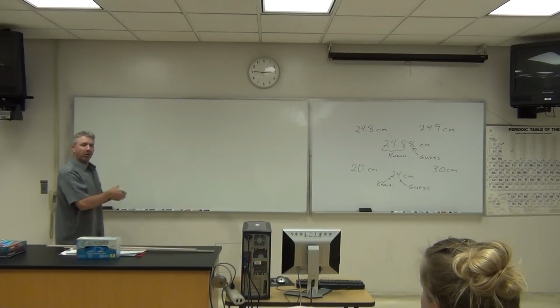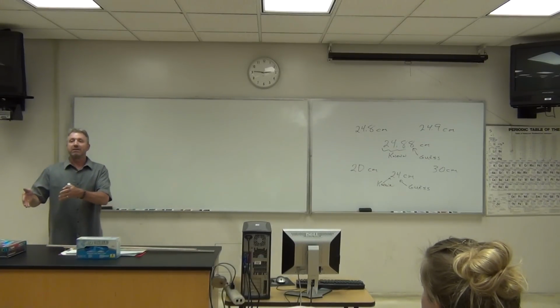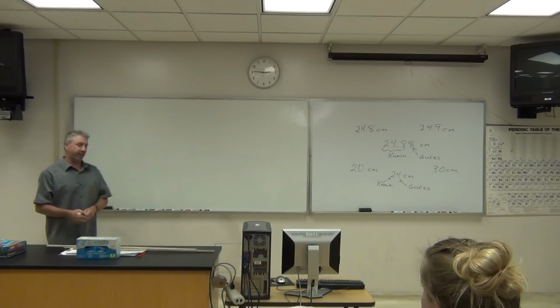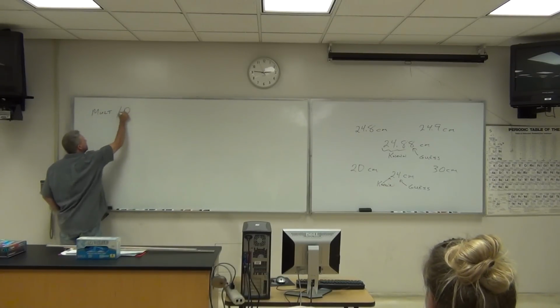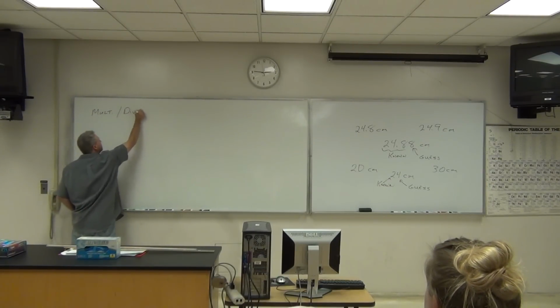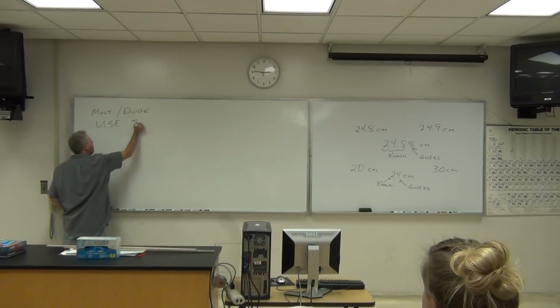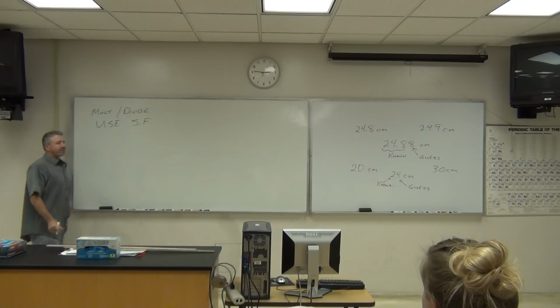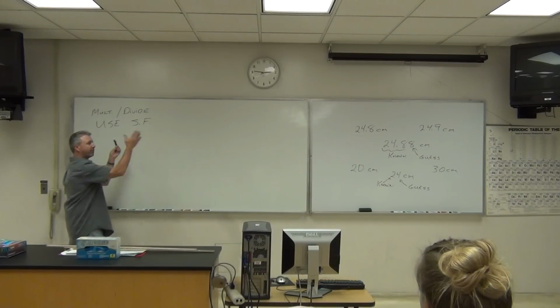So we have to make sure that our answer properly reflects the accuracy of all the information that created it. So when we multiply and divide, SF is significant figures, significant digits. I go back and forth on that.